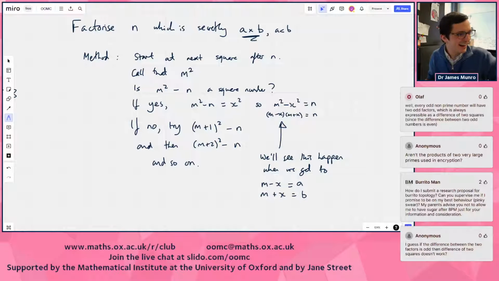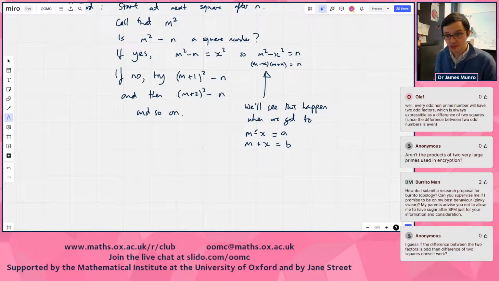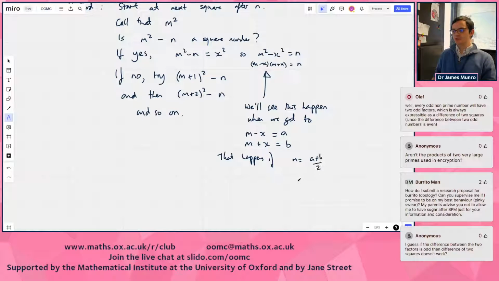Let's see. Okay. So this works, by the way. Maybe you've solved these equations if you're playing along at home to see that this happens. That happens if m is a plus b over 2 and x is b minus a over 2.